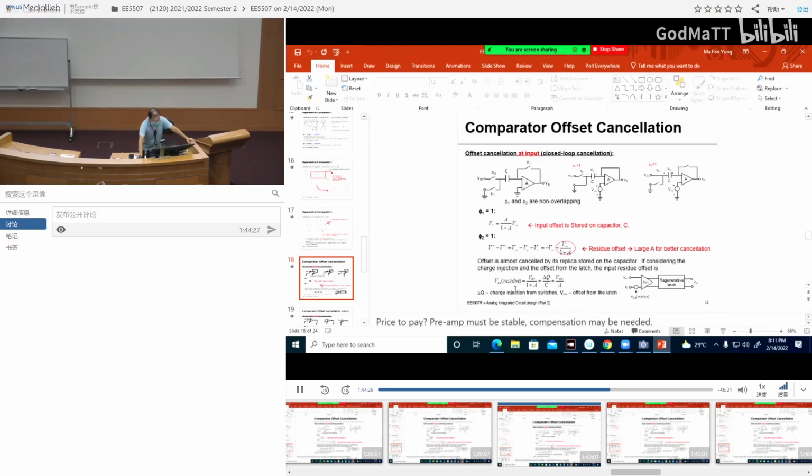So here it is. This is the effective offset after you do all this.